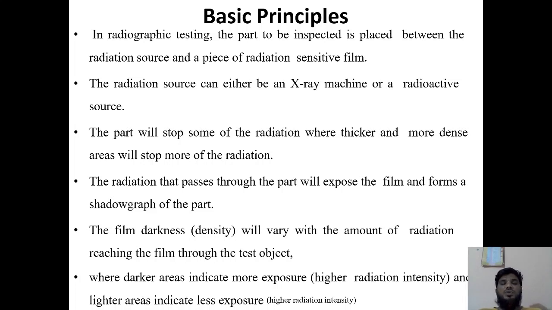When you are exposed to X-rays, your bones do not allow the X-rays to pass through, whereas muscles, being soft, absorb less and allow the X-rays to pass. Because of that, you can visualize your bones in an X-ray film.